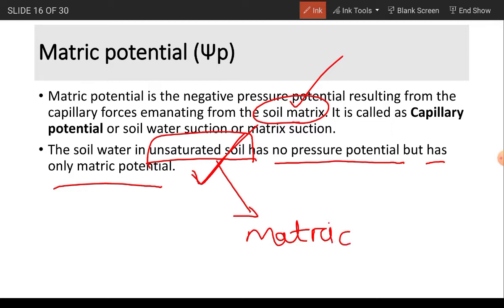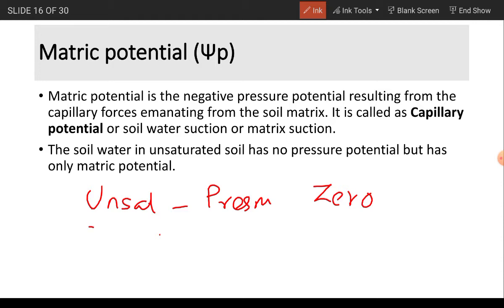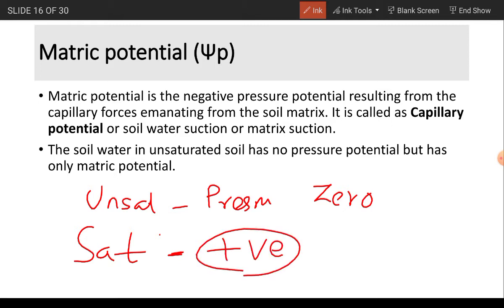You must remember, in unsaturated soil the pressure potential is zero, but in saturated soil the pressure potential is positive. This is the thing you must remember.